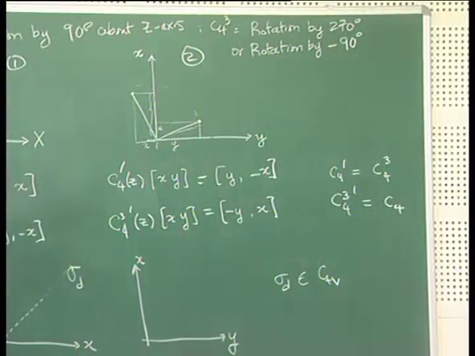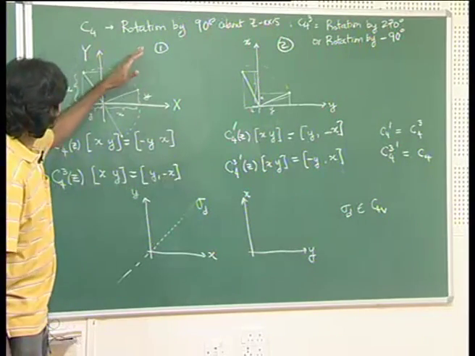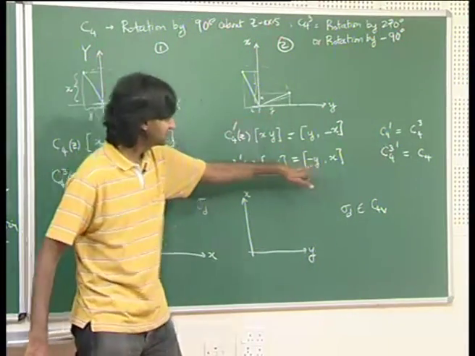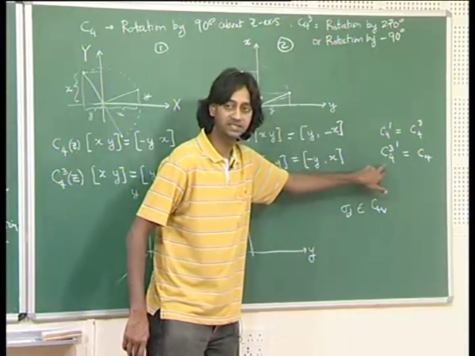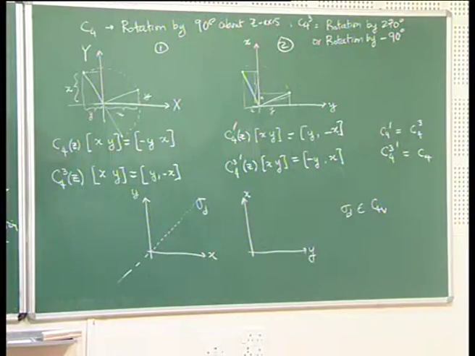Okay. So, you have an operation sigma d which is contained in the group, which transforms coordinate system 1 to coordinate system 2 such that the C4 and C4 get interchanged in these two coordinate systems, and that is why you say C4 and C4 are in the same class.